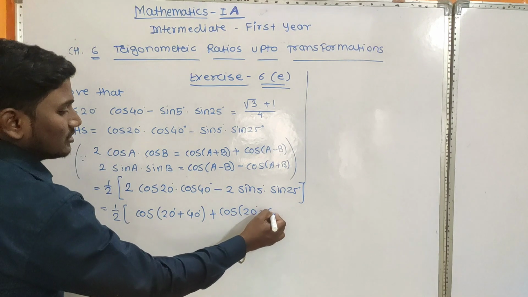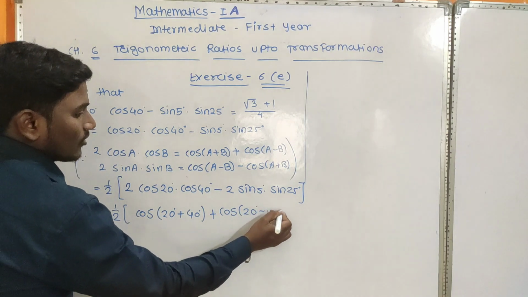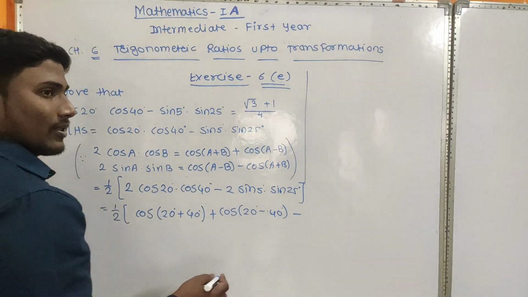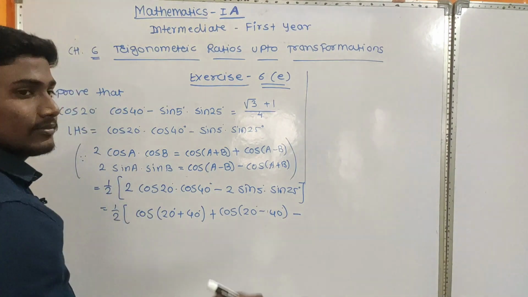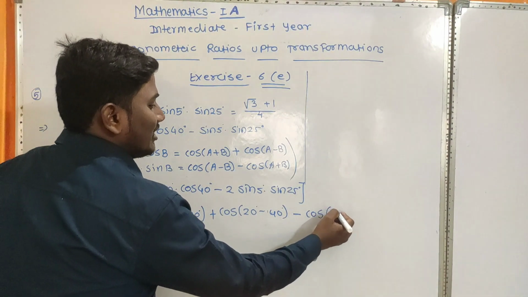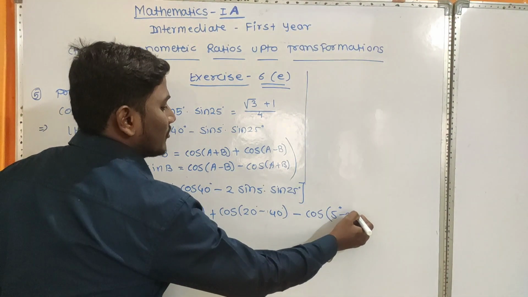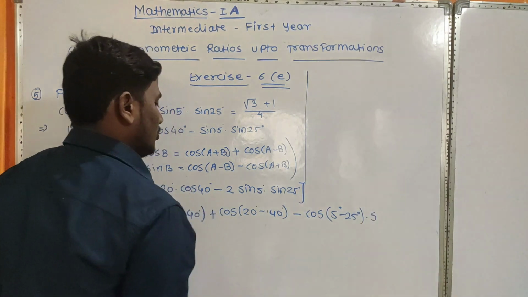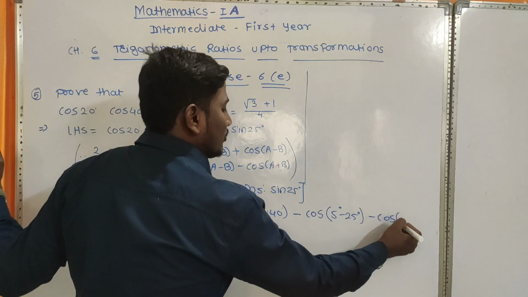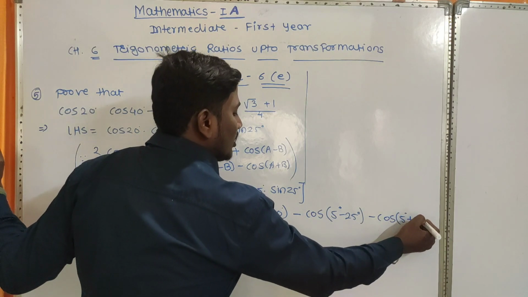20 degree minus 40 degree, minus here cos of A minus B, cos of A minus B meaning 5 degree minus 25 degree, into minus cos of 5 degree plus 25 degree.